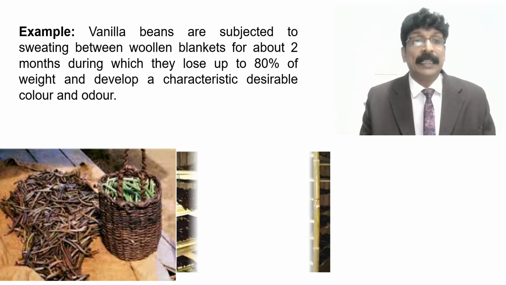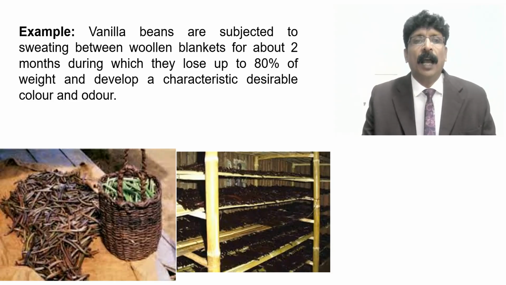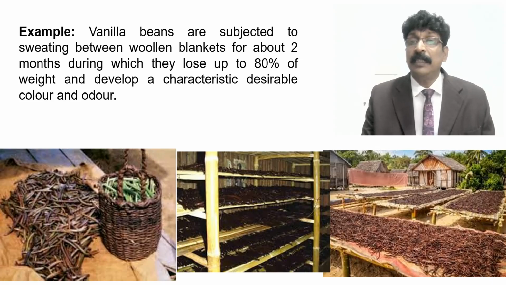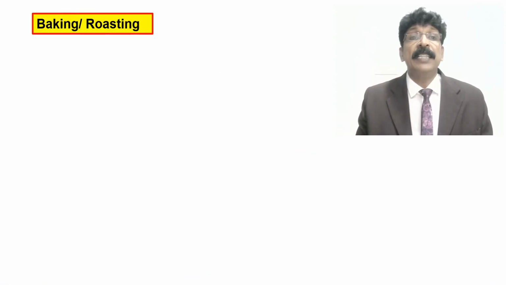You can see how the color and odor have changed. It will be kept in the tray for 2 months, and it can even be kept in open air, and it will change its color.